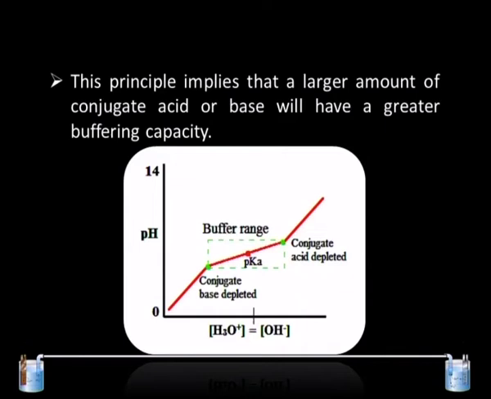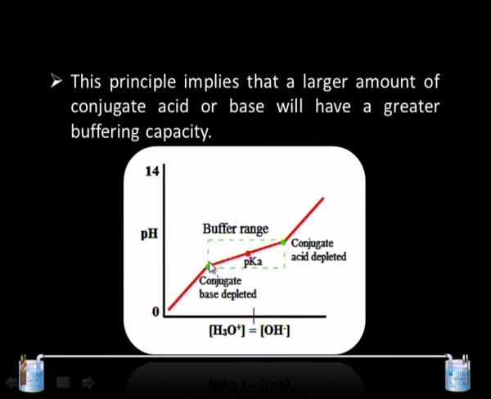This graph shows the relation between pH and acidic basic relation, that is H3O plus is equal to OH minus. In the beginning, we can see the pH increases and goes up to about pH 5. Then the change in pH can be observed as a slow reaction followed by the conjugate acid is depleted.